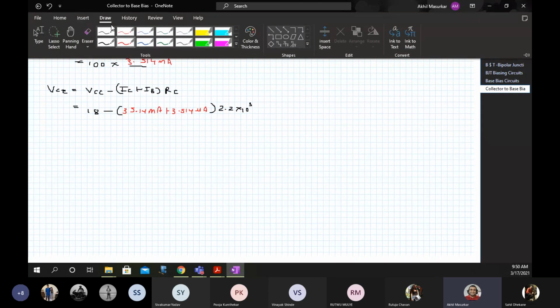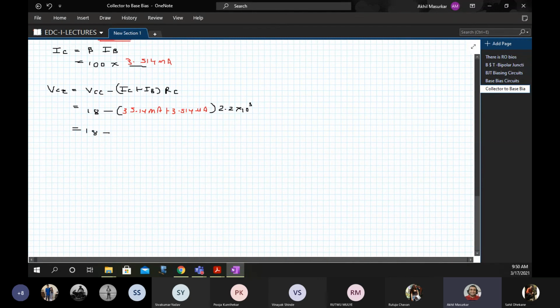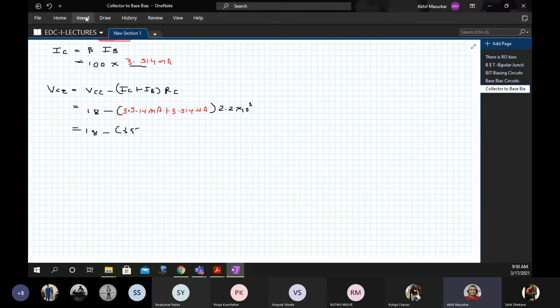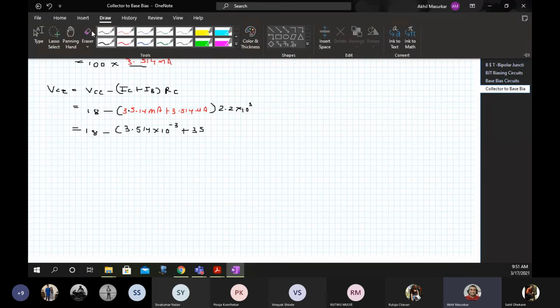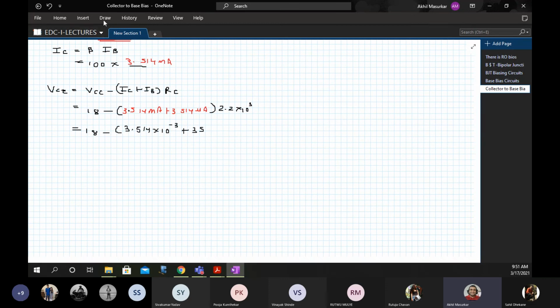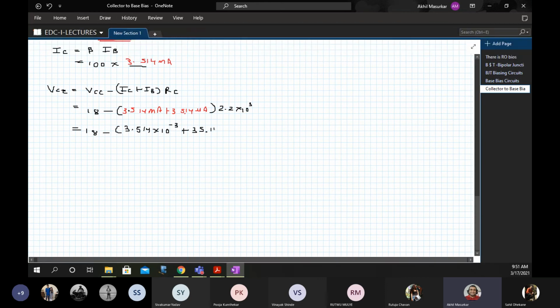So actually, don't forget to put it like this in the calculator. 18 minus 3.514 into 10 raised to minus 3 plus 35.14 into 10 raised to minus 6 into 2.2 into 10 raised to 3.